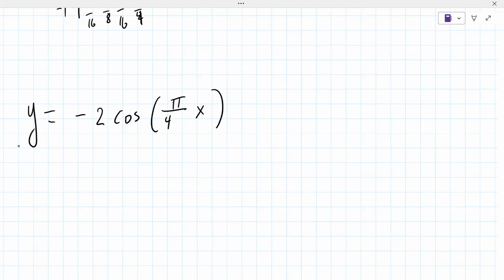Is the period 8? 2 pi over 4 becomes 8. Yes. Very important that you get that down. So would we just do intervals of 2 for x? Yeah, that's right. So it'd be 2, 4, 6, 8? Yep, that would be good.